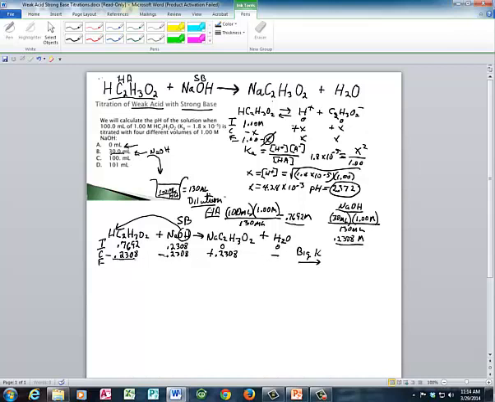So I add up my initial and my change lines, and what do I get? Well, first of all, my limiting reactant, the sodium hydroxide, is gone. My new concentration of acetic acid is 0.538 molar. My new concentration of sodium acetate is 0.2308 molar.